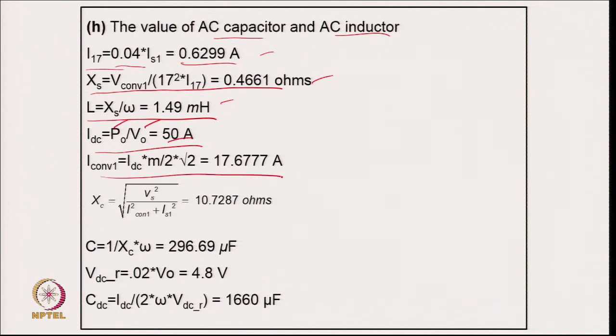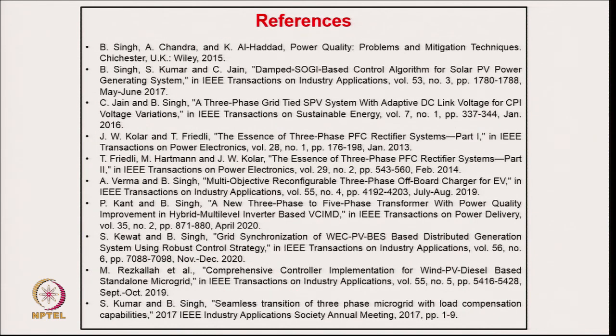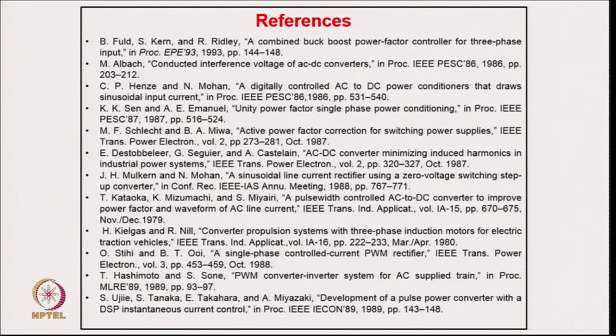We can find the fundamental current of the converter from this relation, which comes to 17.68, and the corresponding reactance from this relation comes to 10.7287 ohm, and the value of capacitor from this relation we get is 296.69 microfarad. Then for the 2% voltage ripple, from the second harmonic ripple we get 1660 microfarad, and these are the typical references.